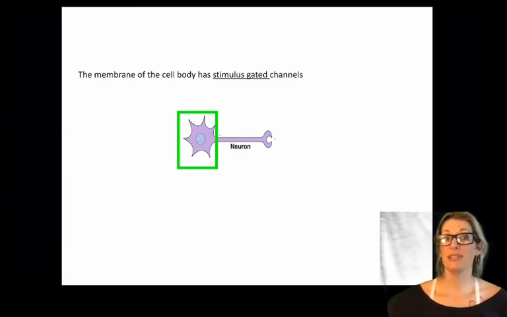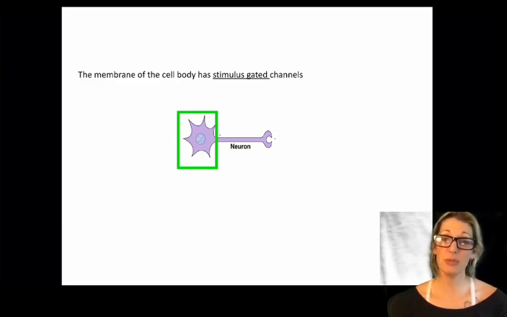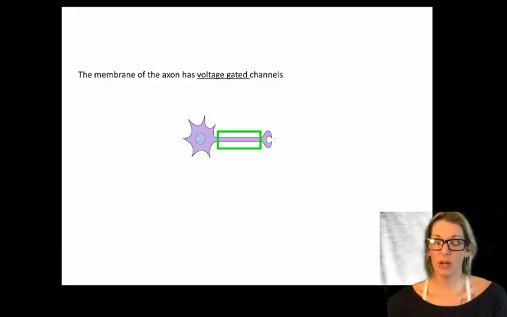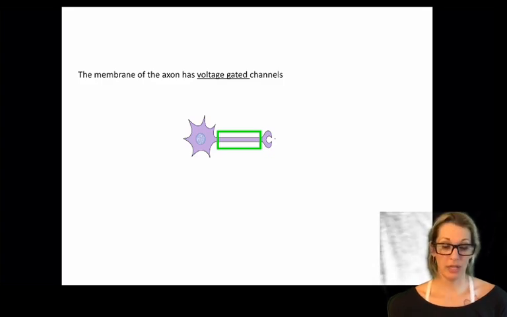However, if we go to the cell body, these are stimulus gated channels, and that includes the dendrites. So these proteins embedded in the cell membrane of the cell body and the dendrites are stimulus gated, not voltage gated, and that's important. Once again, the membrane of the axon has voltage-gated channels, so it's different. What unlocks these doors is different depending on if you're on the cell body or on the axon.